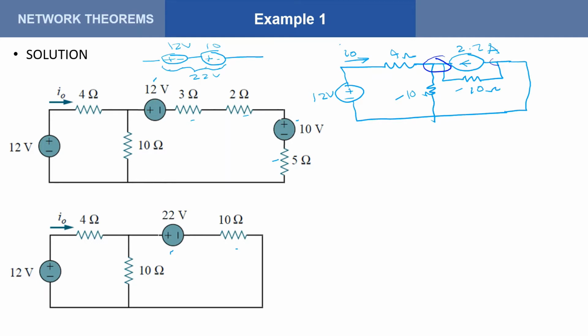So node there and node here. Okay, so that means I can combine the two 10 ohm resistances, and since they are in parallel, that makes it a 5 ohm resistance. So therefore, I can further reduce the circuit or redraw the circuit into something like this.